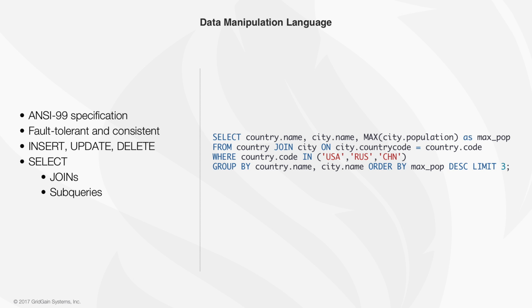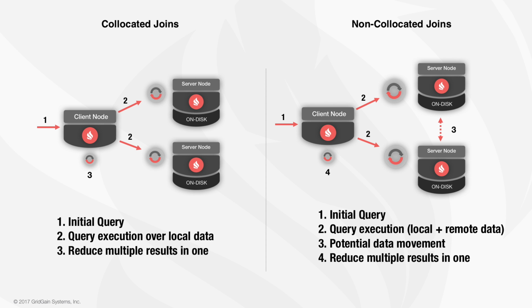And speaking about SQL queries, Ignite does support joins. You can have two types of joins in Ignite. The first one is so-called collocated joins. The idea here is simple. Imagine that you have some relations in your business model.